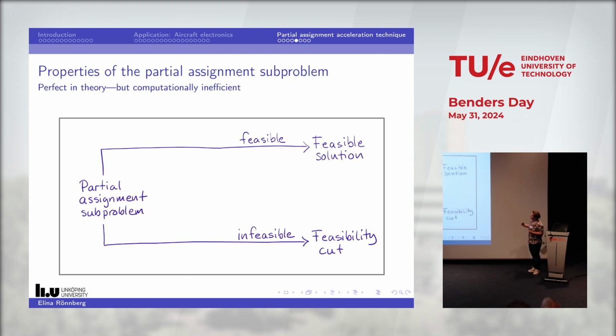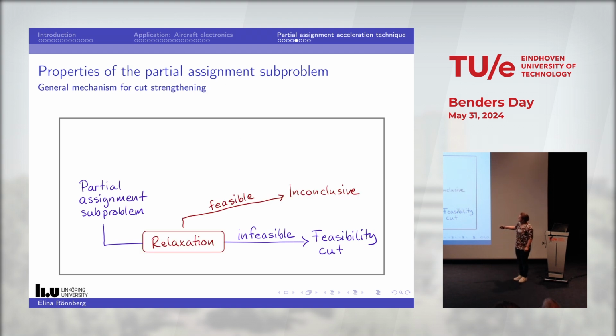So the illustration looks like this. If we look at the partial assignment subproblem, this first version, if I solve it and I get a feasible solution, I have a feasible solution. If it's infeasible, I have a cut. But this is something I don't want to do in practice. So instead here, I introduce a relaxation so that I get something that's easy to solve. And if this relaxation is infeasible, then I still have a cut.